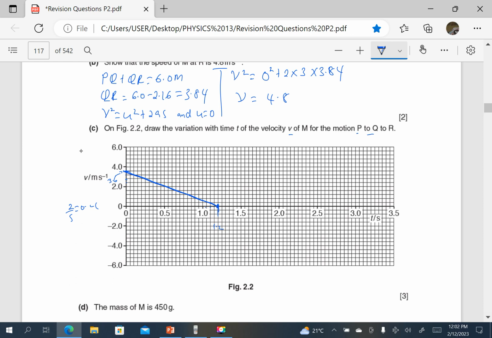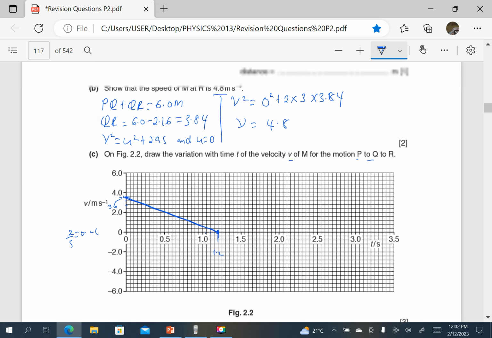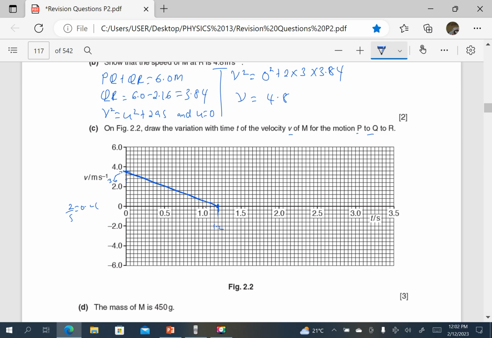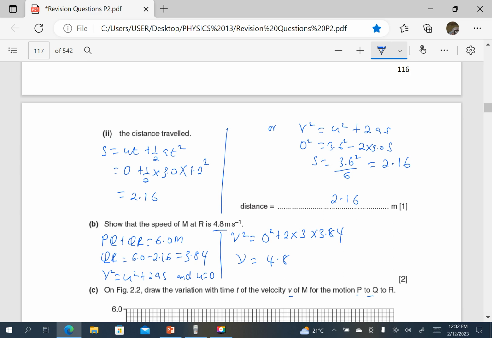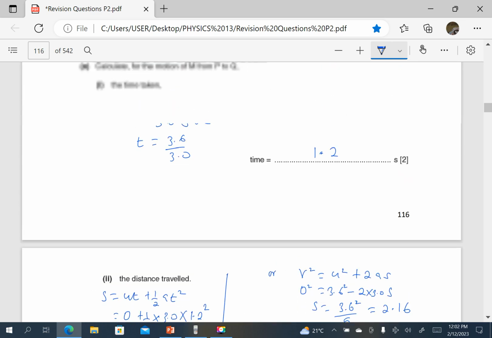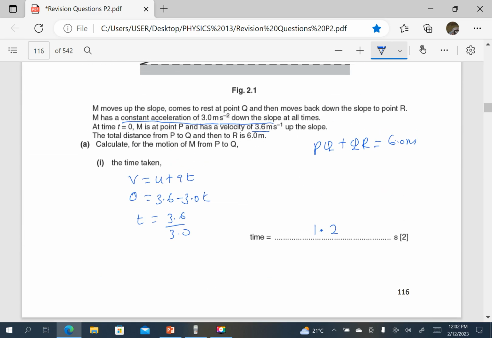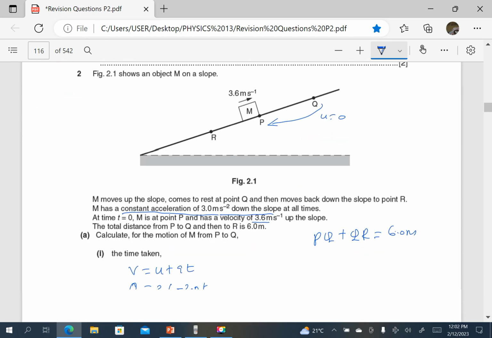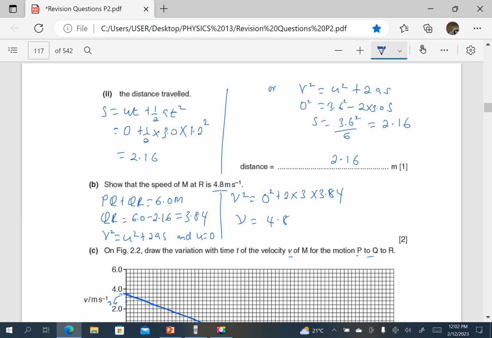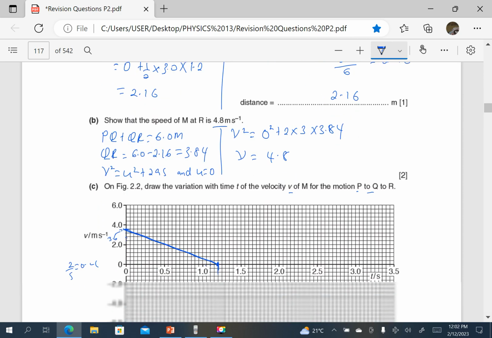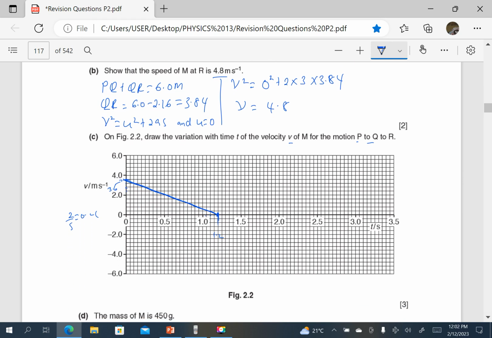Then the velocity goes up to 4.8. After what time?